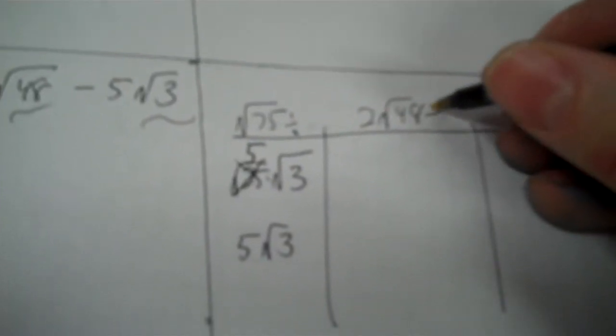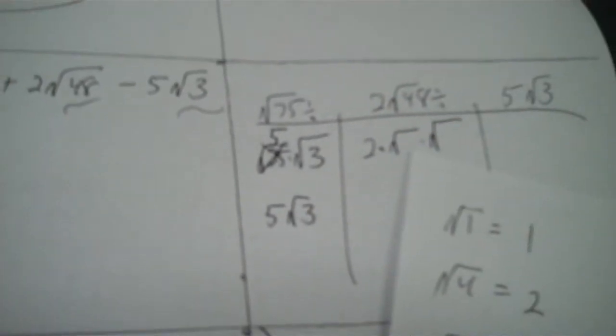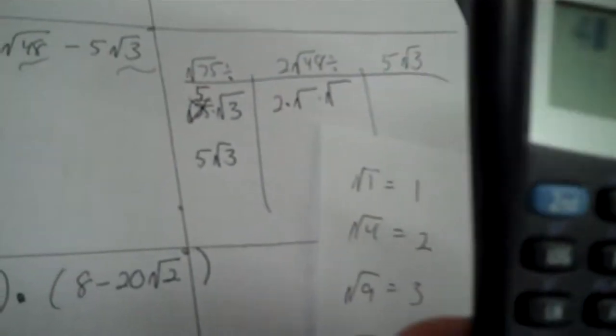Okay, square root of 48. Now when I rewrite this, 48's not here, so I drop my 2. 2 times square root. So 48 divided by 36, a decimal, divided by 25, decimal, divided by 16, decimal, divided by 9.